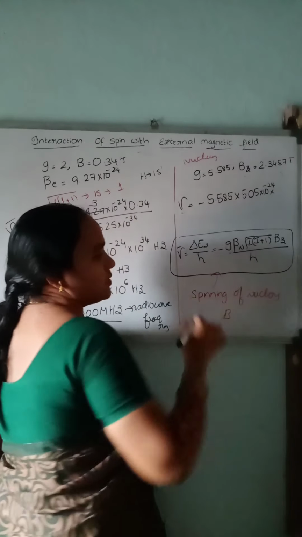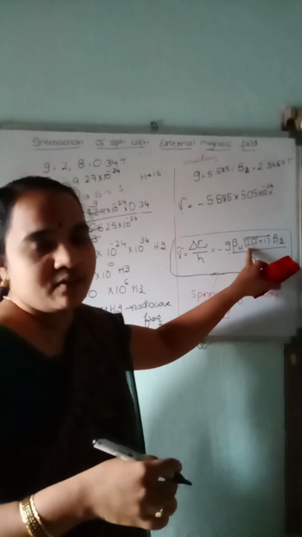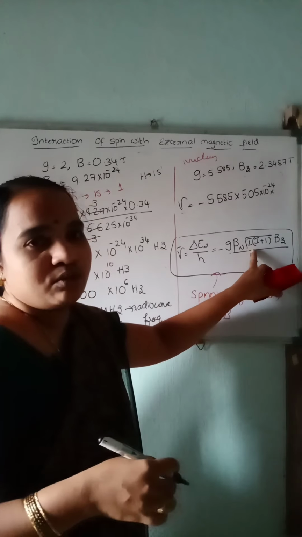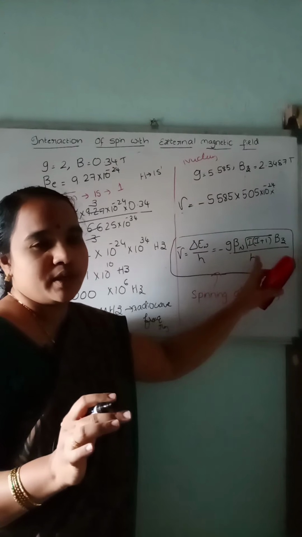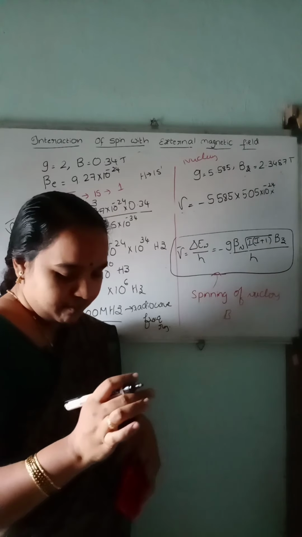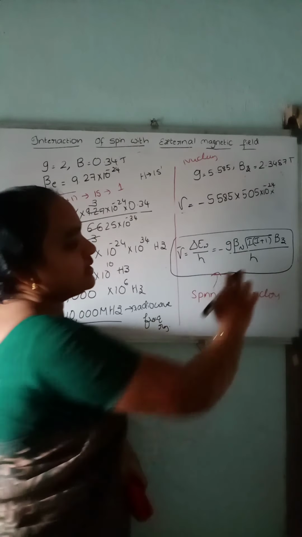Let us substitute the nuclear spin value for hydrogen. In the nucleus we have only one proton, so it is root of 1/2 into 3/2, that is 3/4. Nearly its value is equal to 1.